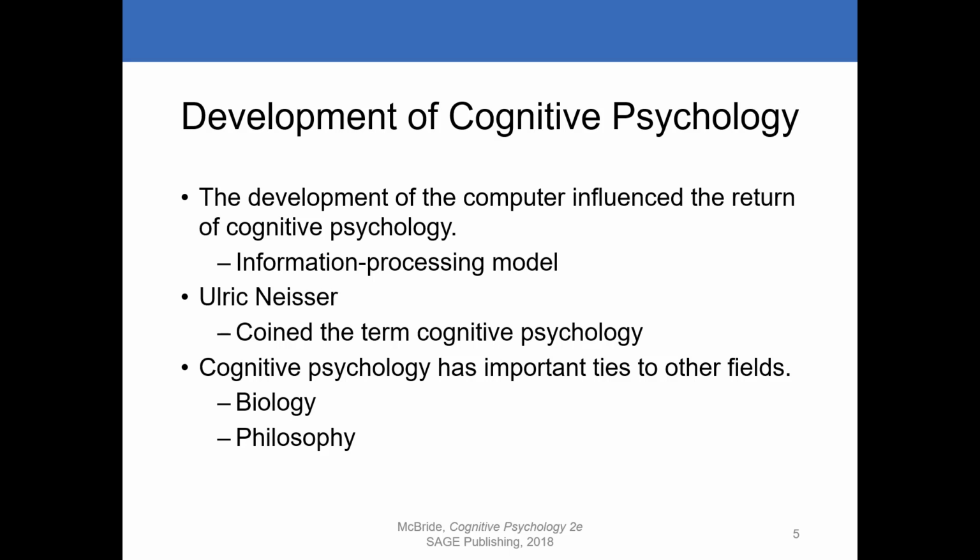And cognitive psychology is not an isolated field. It really ties into both biology and philosophy. So they're all intertwined here, especially when we talk about cognition, what makes you you. We can approach it from a biological perspective, like we can look at certain parts of the brain and which parts of the brain are involved in creating consciousness.